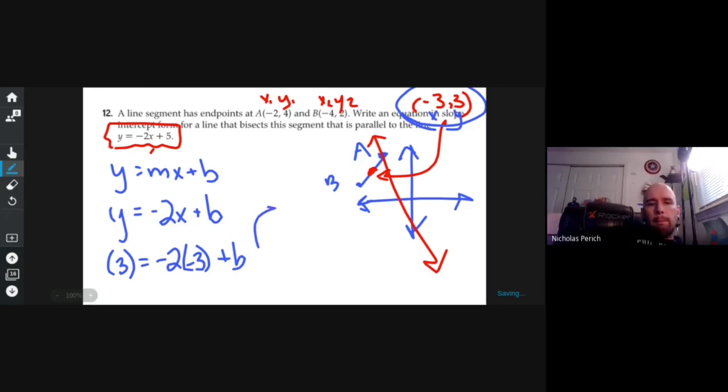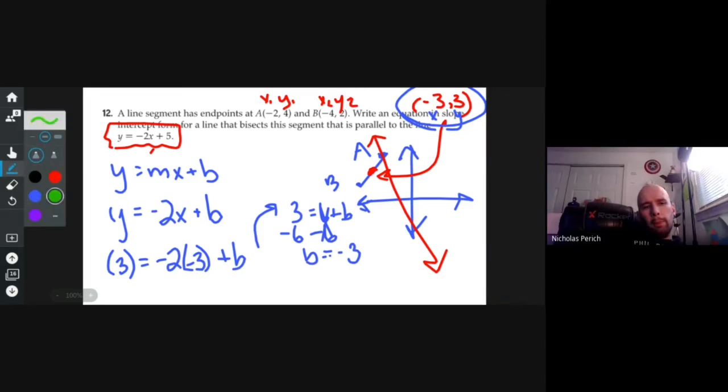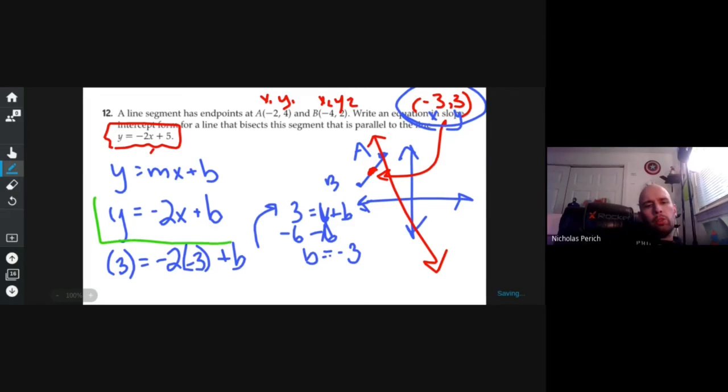So I get 3 equals 6 plus b, minus 6 from both sides, b equals -3. So far, I had y equals -2x plus b. With b equals -3, put them all together, and y equals -2x minus 3.